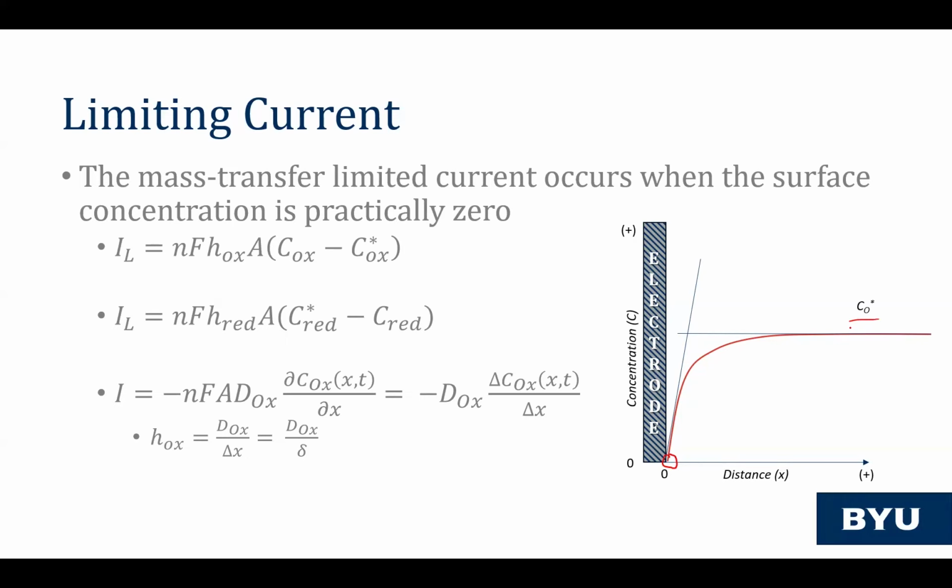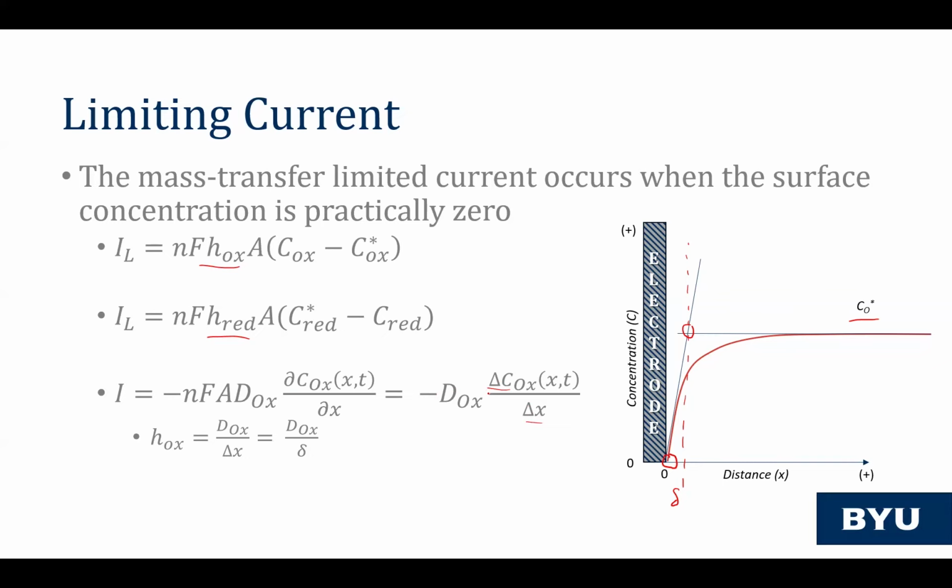We can approximate this as linear, and so that's represented by this line here. And where this intersects, this is what we'll call our diffusion layer thickness. And so we have this mass transfer coefficient out in front here. And this simply arises from this approximation that our change in concentration is linear and our distance traveled is linear. So we have these delta concentrations and delta distance.